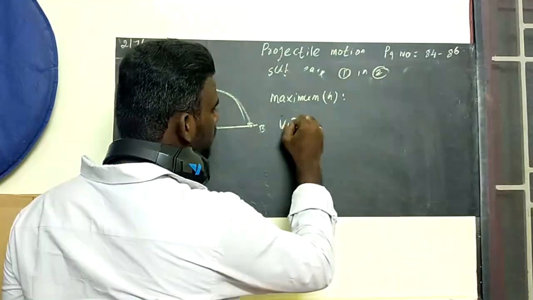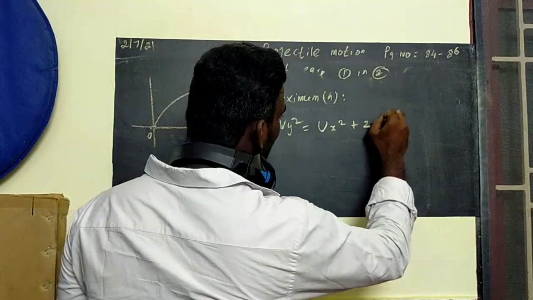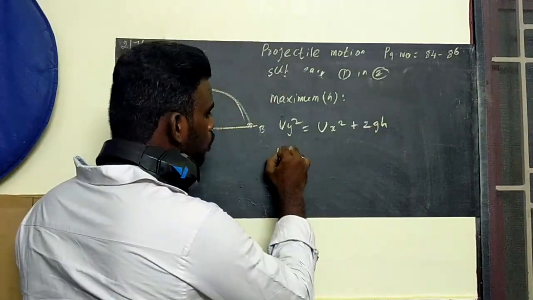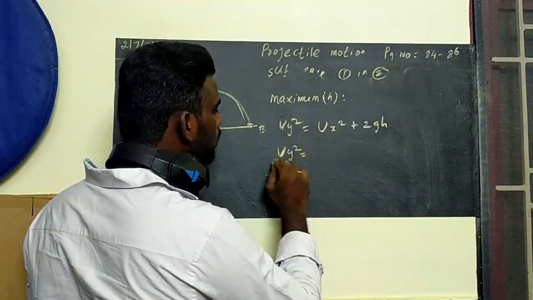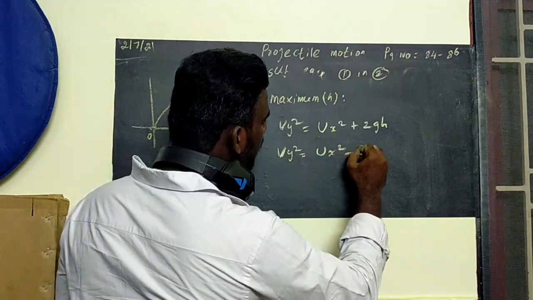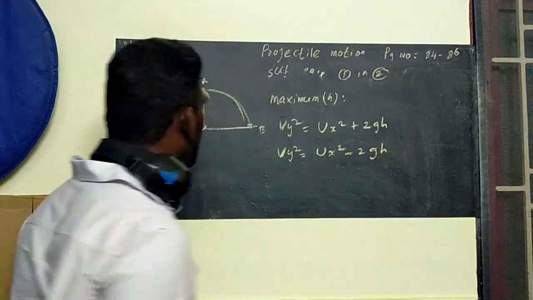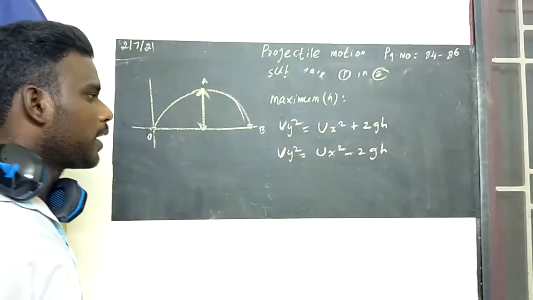That is v squared equals u squared plus 2gh, so vy squared equals uy squared minus 2gh, because the body is moving in the upward direction and the gravity is acting in the downward direction.